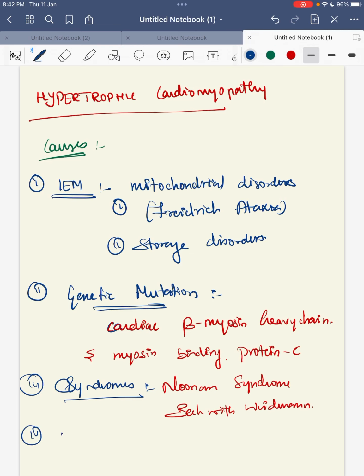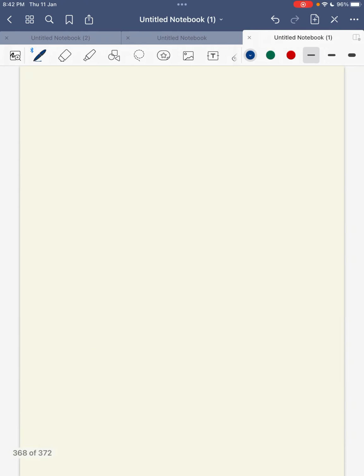And the child born to a mother with gestational diabetes mellitus, that is infant of diabetic mother, can most commonly present with asymmetric septal hypertrophy. So the child can also have this asymmetric septal hypertrophy, or the child can have this hypertrophic obstructive cardiomyopathy also. Okay, next, going on with its pathogenesis and its morphology.